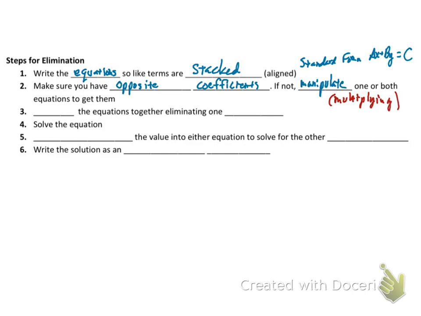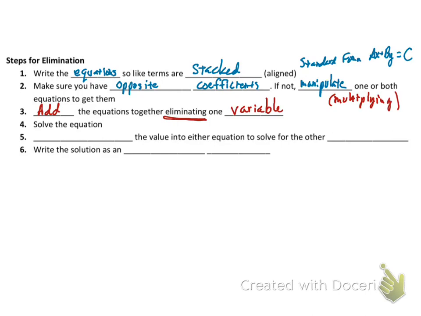Okay? Once we get opposite coefficients, we are going to add the equations together, which is going to eliminate one variable. That's why it's called elimination. Then we're going to solve the equation, and that'll give us the value of one of my variables.